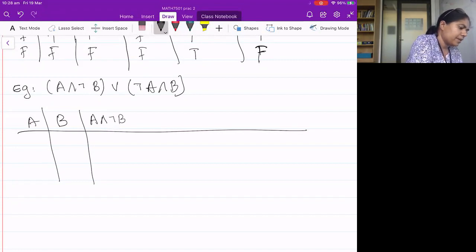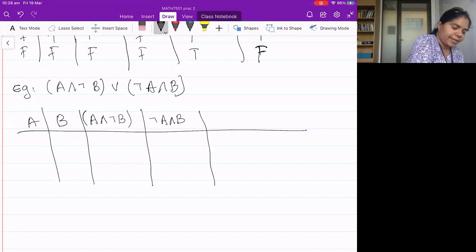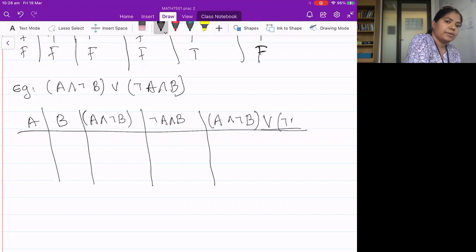Not B, and not A and B. The next one is the statement A and not B, union, not A and B.